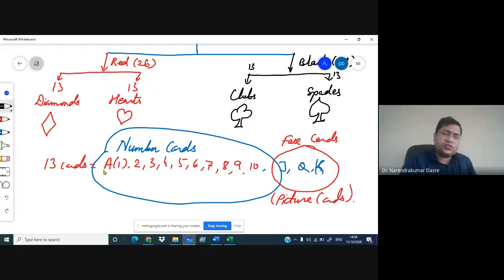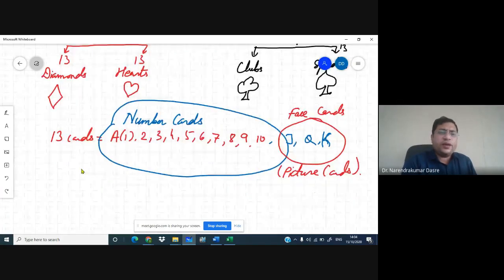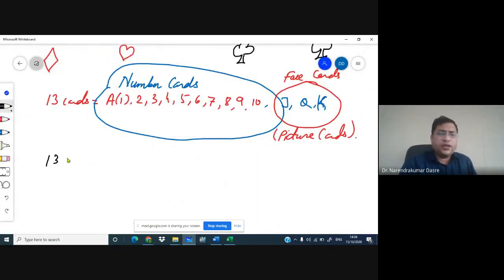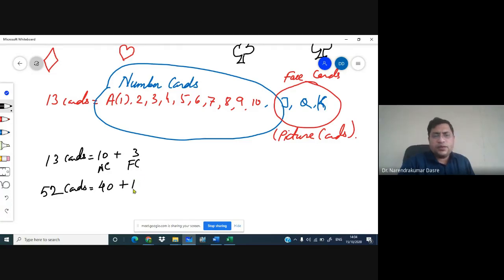Ace has no face, so that's why it is counted as a number card. So in the 13 cards, we have 10 plus 3: 10 number cards, and 3 face cards. So in the 52 cards, we have 40 number cards and 12 face cards.